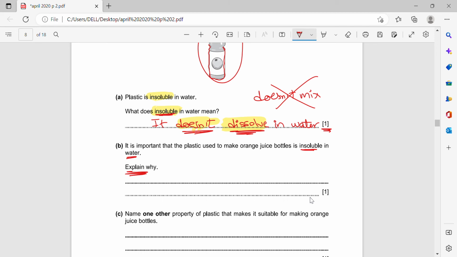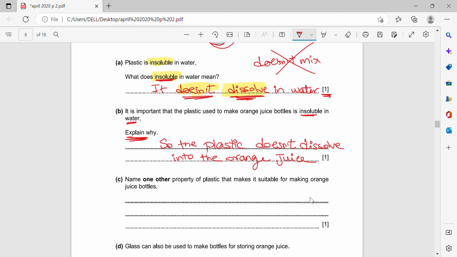So my answer will be: so the plastic doesn't dissolve into the orange juice. طيب.